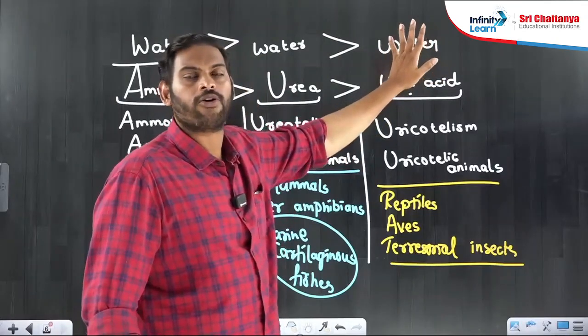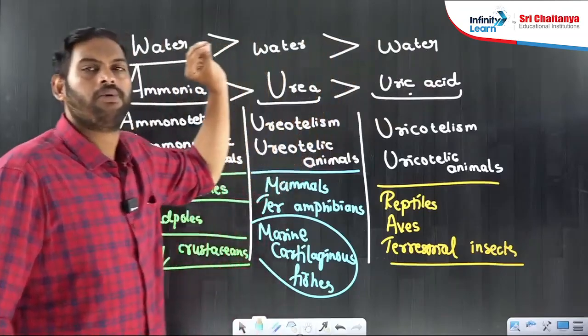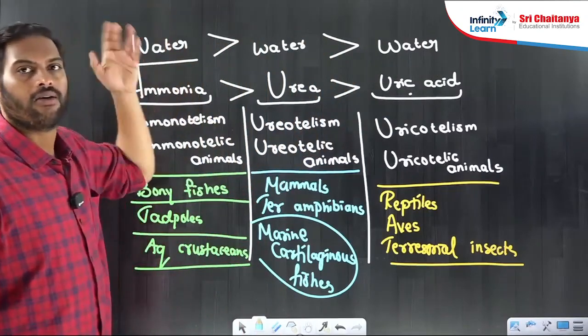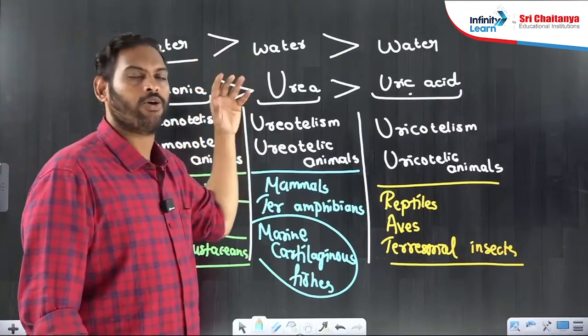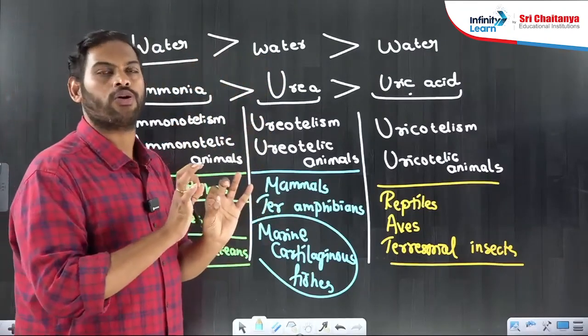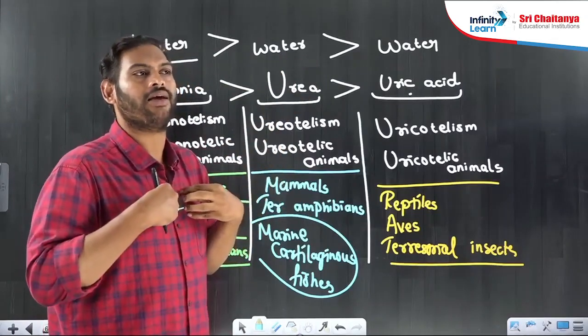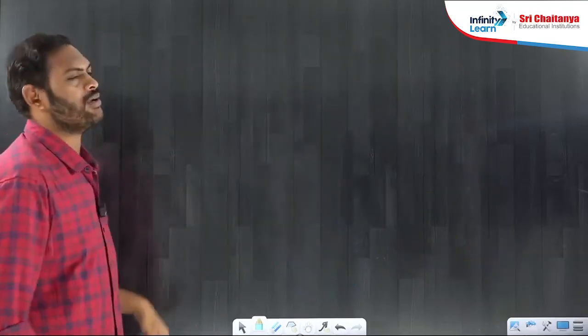Minimal amount of water will be used to excrete uric acid, whereas maximum amount of water will be used to excrete ammonia. We use a mediocre amount of water to excrete urea. Mammals are ureotelic. Done.